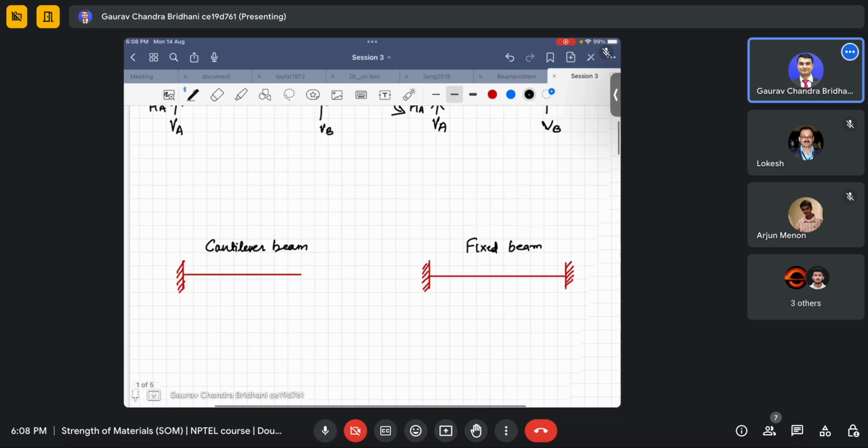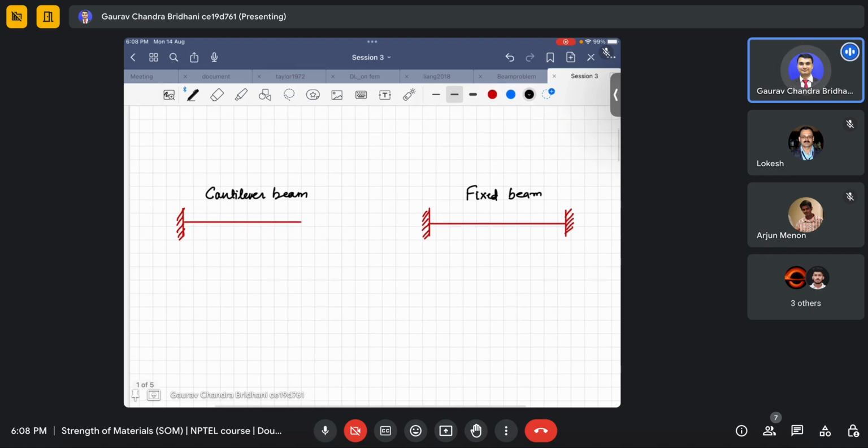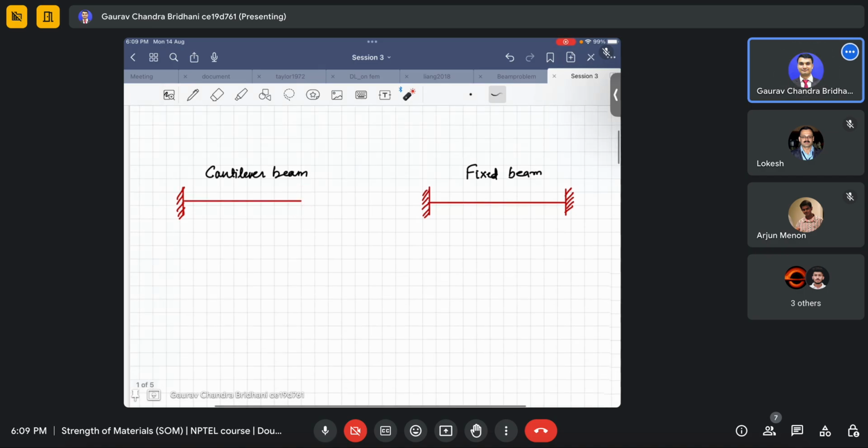Similarly, we can draw for the cantilever beam. Again the same principle: we have to cut near the support. There is no support at this end, so the final result will be something like this.